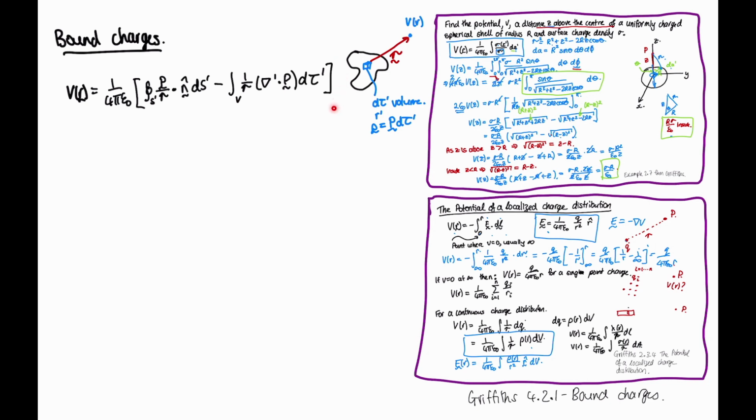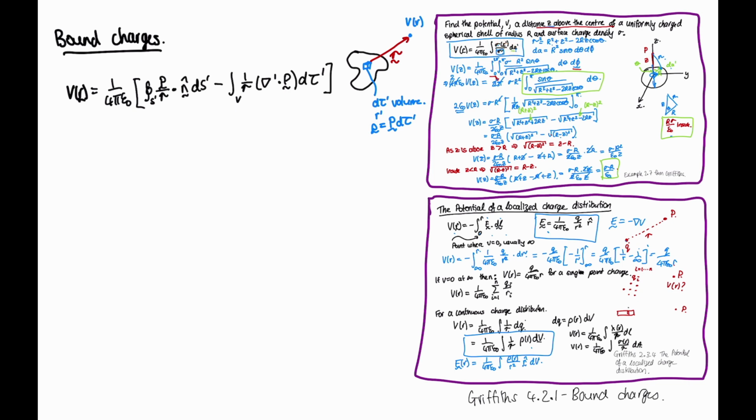Righto, so this is the equation that we just derived for the potential at position R due to this volume with a polarization given by capital P. And now we're going to see why this is a useful form. So what I want you to do is to compare this part of this integral with the expression that we were using in a previous lecture for the potential when we knew the surface charge density.